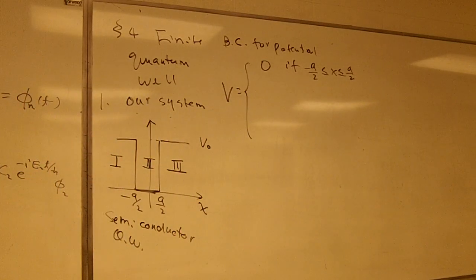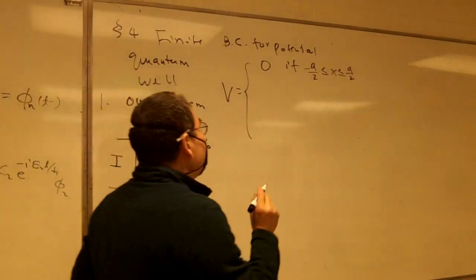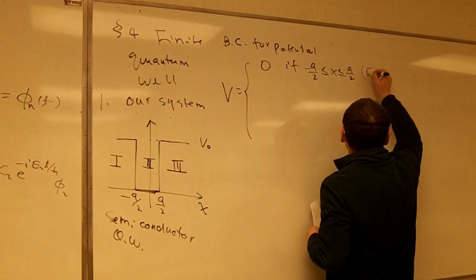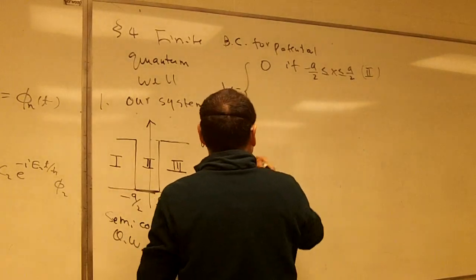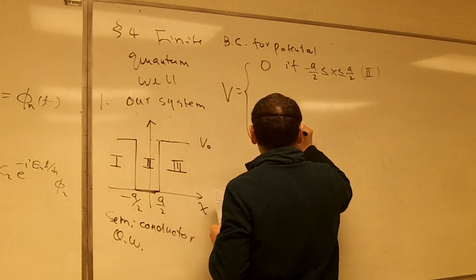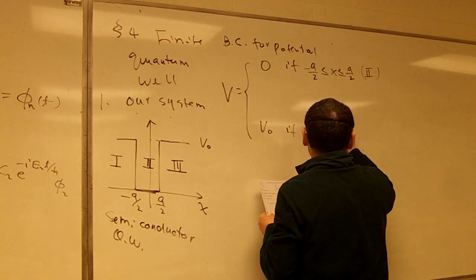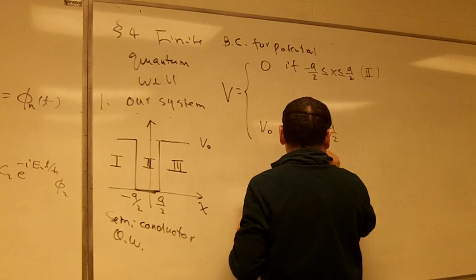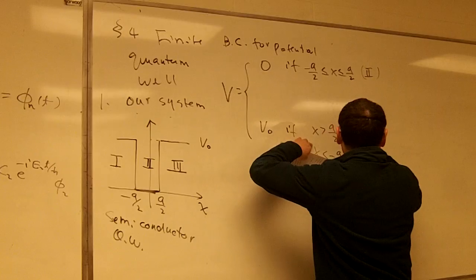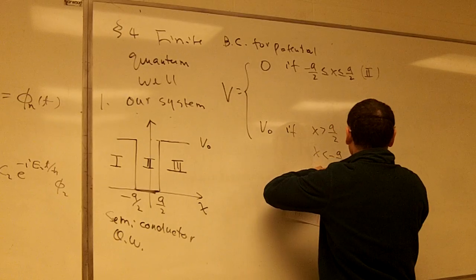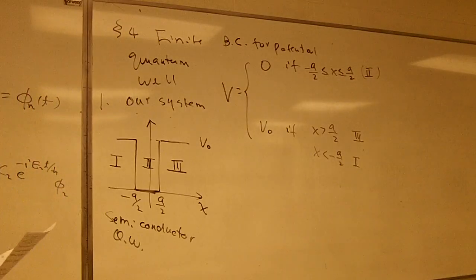This is inside the well, and this is region number 2. The other regions have V0 if x is larger than a over 2 or x is smaller than negative a over 2. This is region number 3, and here is region number 1. So we have 1, 2, 3 regions.